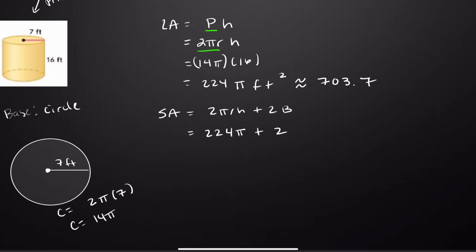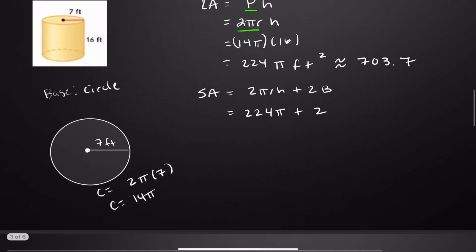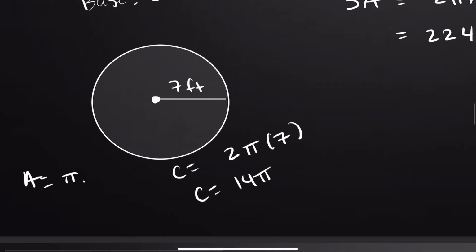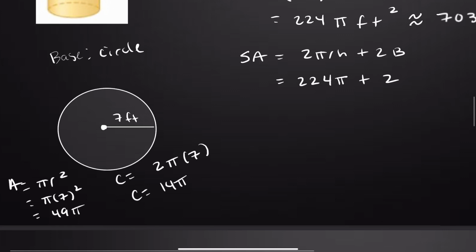Plus 2 times the area of the base. We know that the base is a circle. The base of the prism is a circle. And I want to find the area. So it's A equals pi r squared. So pi times 7 squared. That's 49 pi.